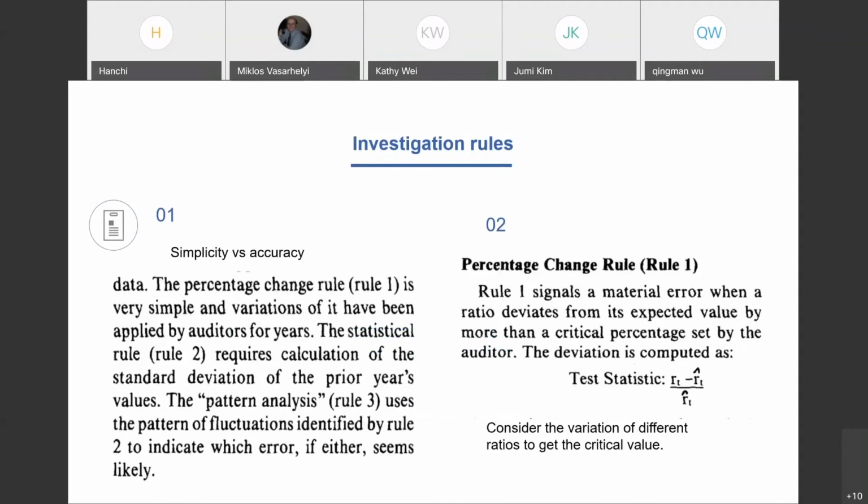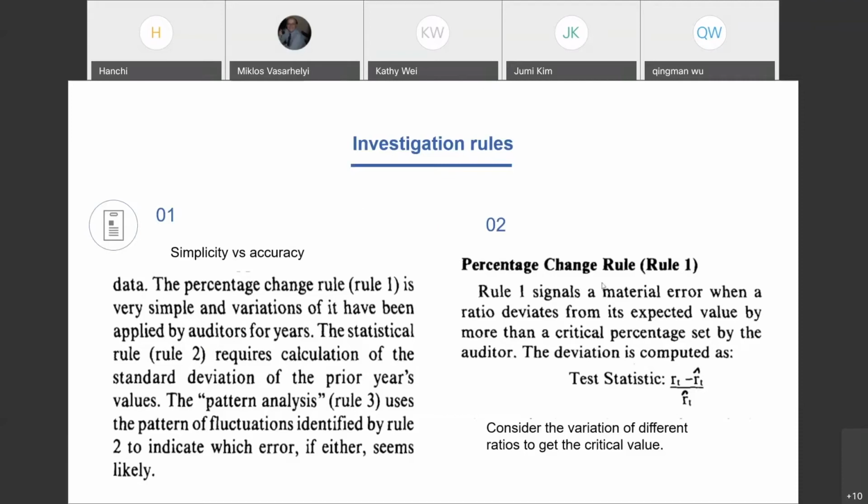The second one is the statistical rule, which requires the calculation of the standard deviation of the prior year's value. And the last one is pattern analysis, which uses the pattern of fluctuations identified by row 2 to indicate which error, if either, seems likely.